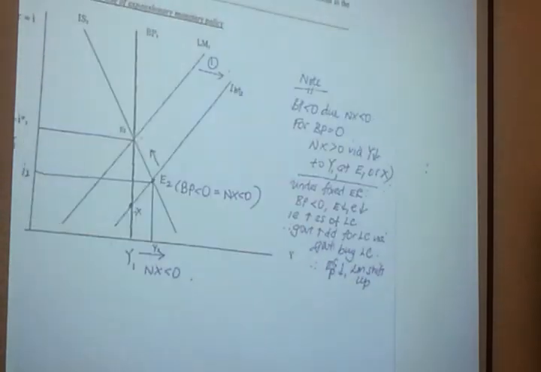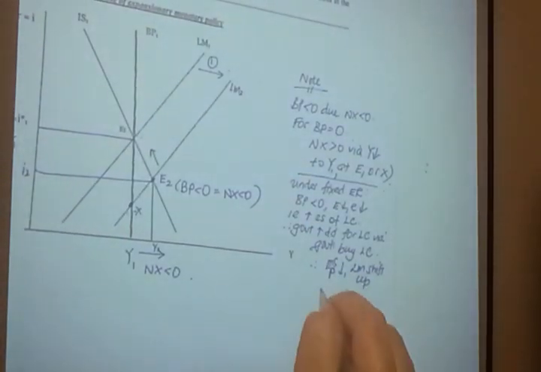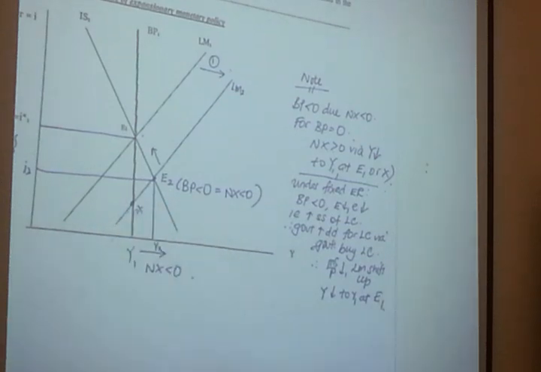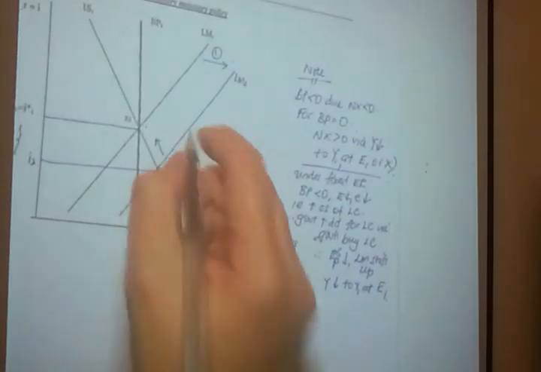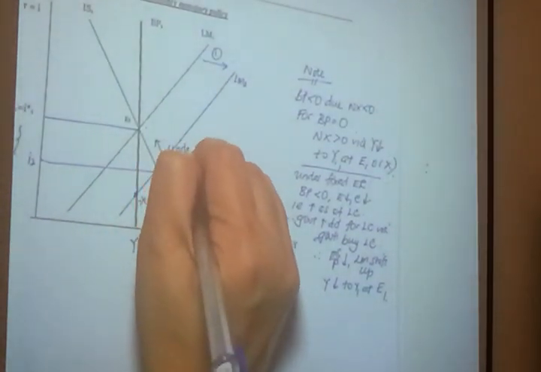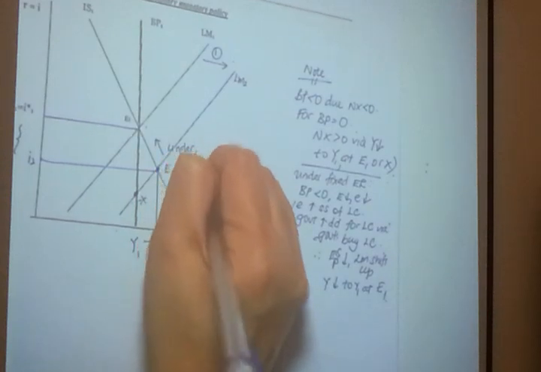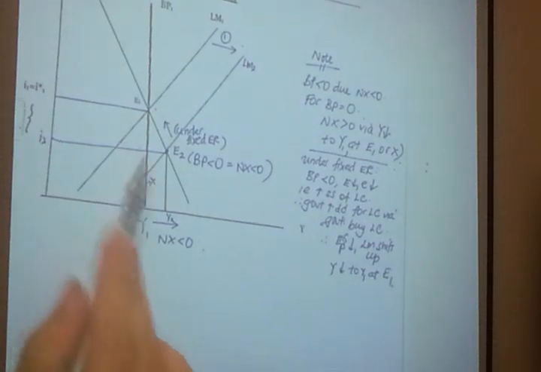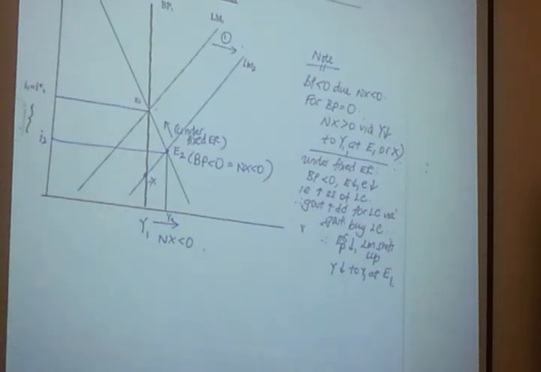So at E2, put an arrow back. And you can see income will drop to Y1 at E1. So there's nothing to drop. Right, we merely just put another arrow and we put here, this is under fixed exchange rate. That we know the LM has to shift back.